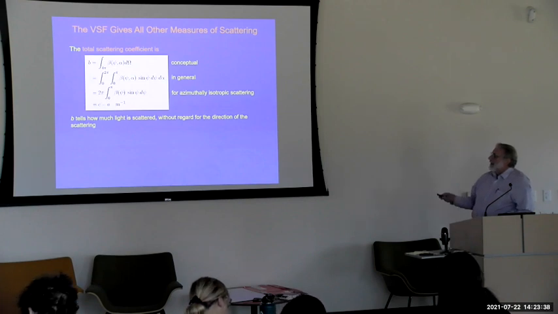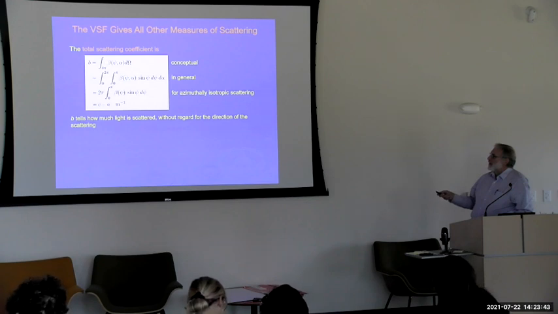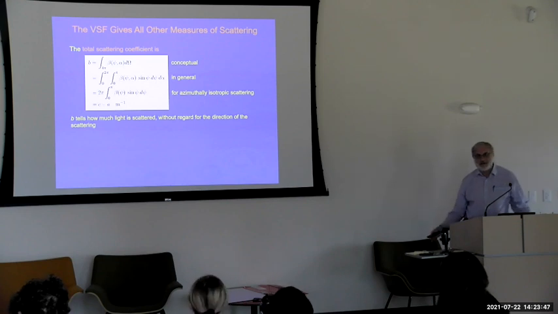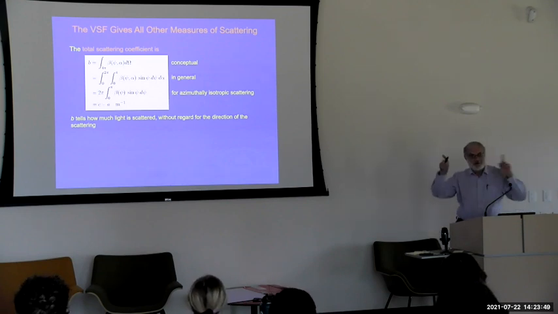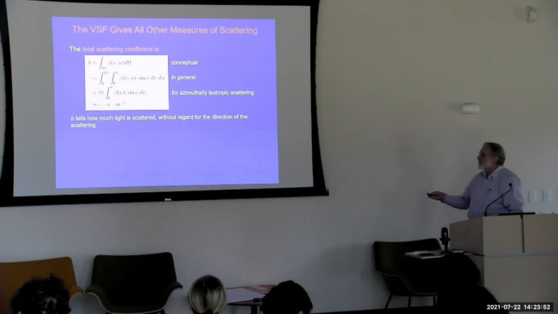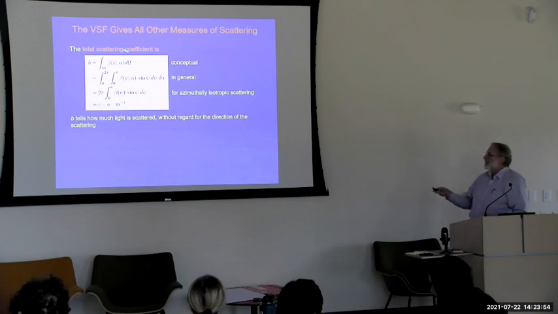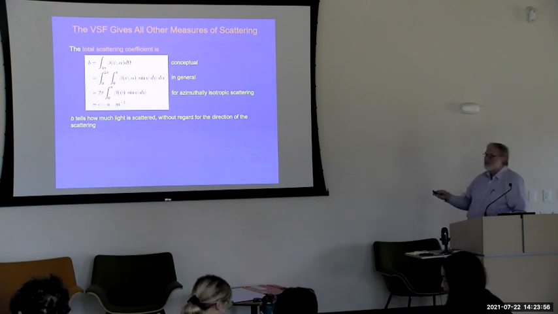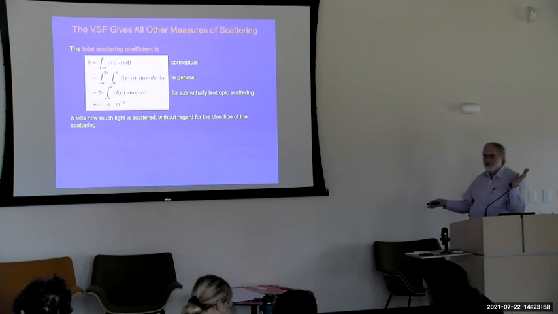So if we have the volume scattering function, you just integrate over all solid angle to get the total amount of scattering without regard to what direction it was scattered in. That's the scattering coefficient. Conceptually, this is a definition: integrate over all solid angle.